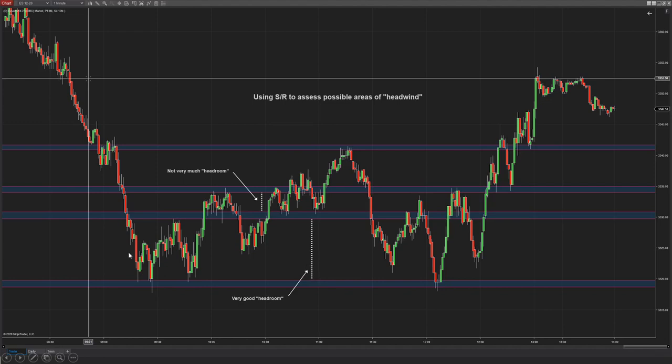It could be argued that this level in here could be support and resistance. But you can just see the strength of these moves. The prices are moving pretty fluidly between these levels. So you're getting a much more dynamic move in this area versus in here, where it's extremely choppy with lots of overlapping bars.